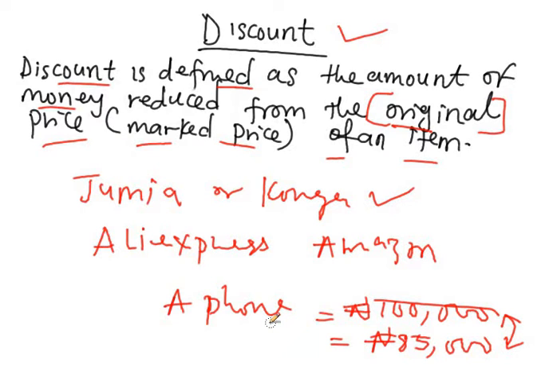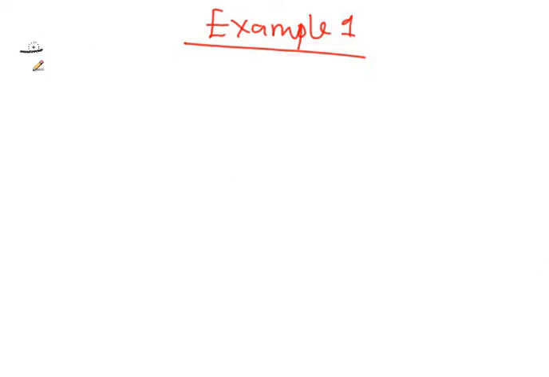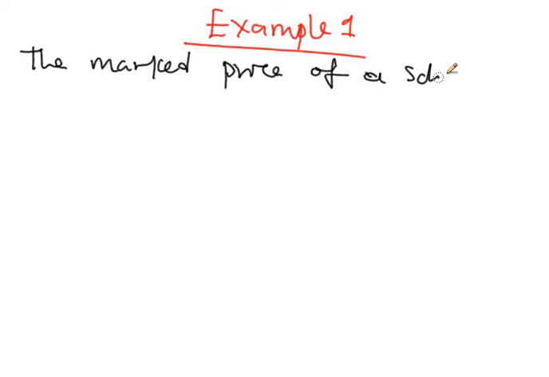For more clarity, let me clear this space. Example 1. The question: the marked price of a school shoe is 1,500.